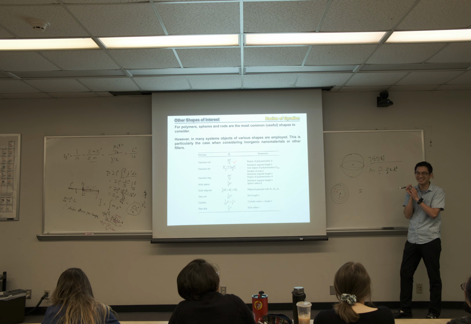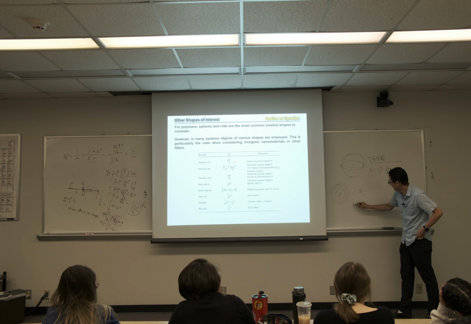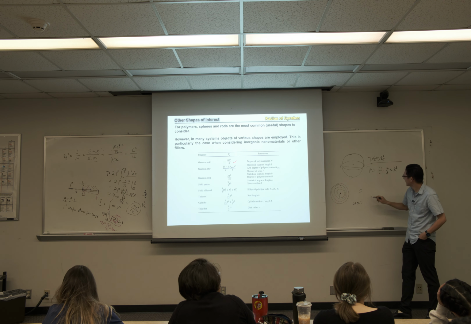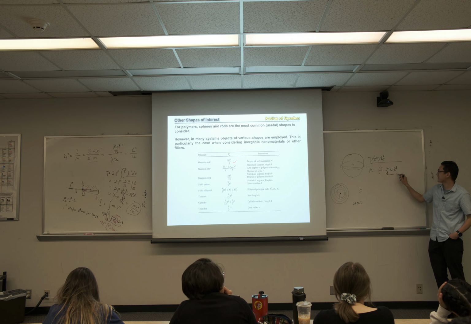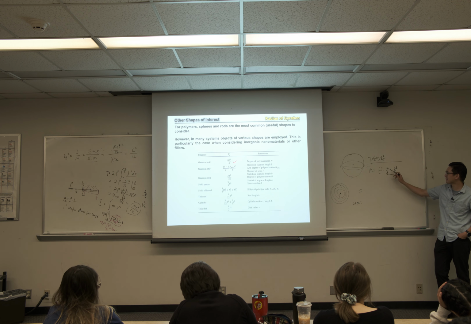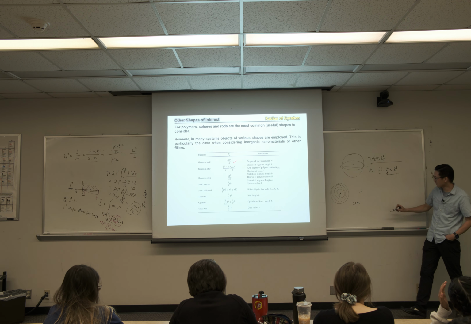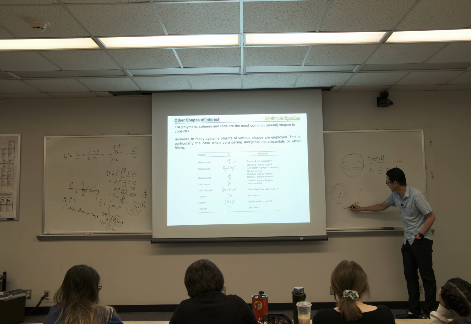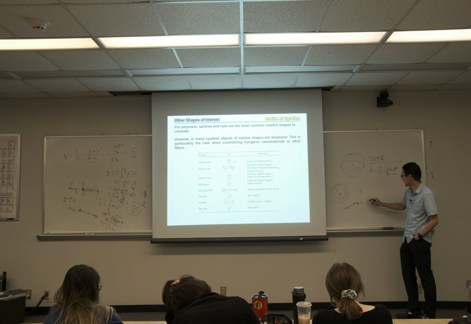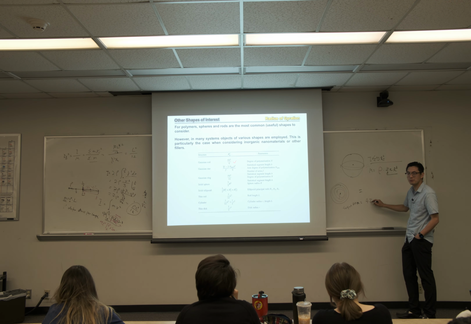It's not 2/3 pi r squared, is it? No, that is the volume, 4/3 pi r cubed. So the surface area of a given sphere should be 4 pi r squared.